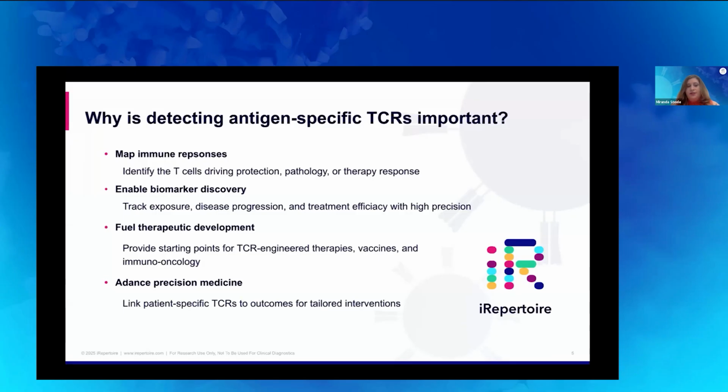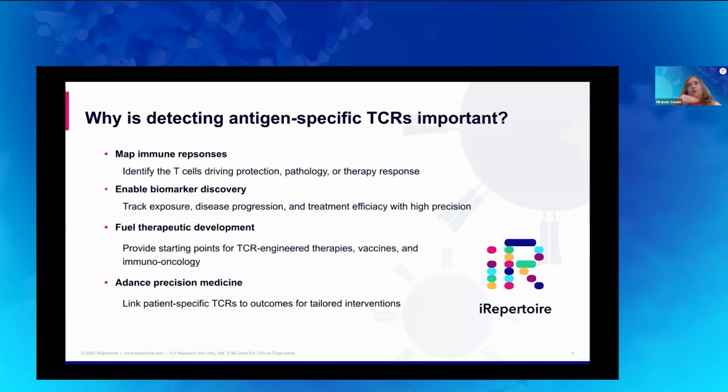This actually enables the second goal, which is biomarker discovery. Instead of just tracking overall broad changes in repertoire, which is useful, now you can actually track the exposure, disease progression, and treatment efficacy with high precision by looking at these particular markers.